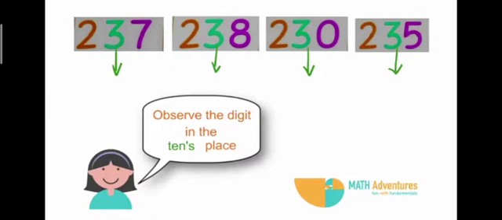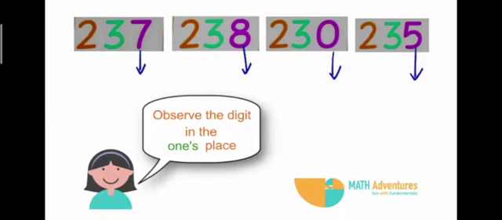And here again at tens place we have the same digit 3 in all the four numbers, right? So what's the next step? We have to check for ones place also. So here we have 7, 8, 0 and 5 at ones place.